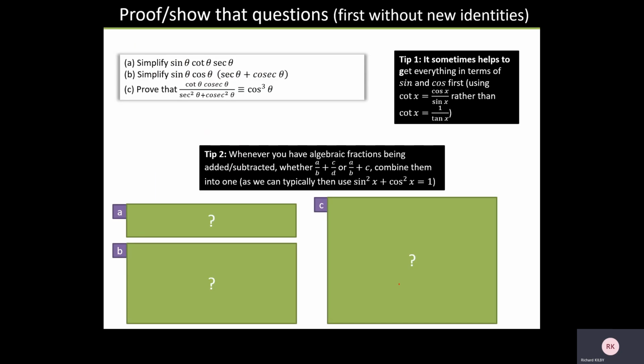How do you get that? Yeah, I understand. Anyone got there?